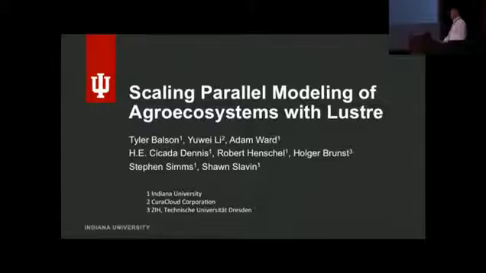Okay, so today I'm here to basically talk to you about a use case, and the number of people on the author list is kind of big because there's a number of people that have been involved in this. Tyler Balson, Yue Lee, and Professor Adam Ward at the top here were associated with the SPIA program at IU.